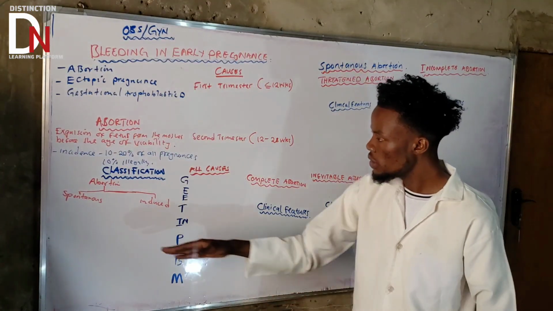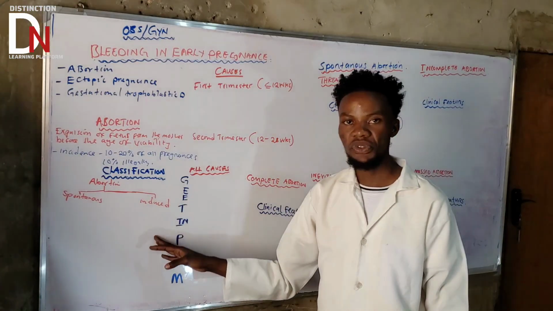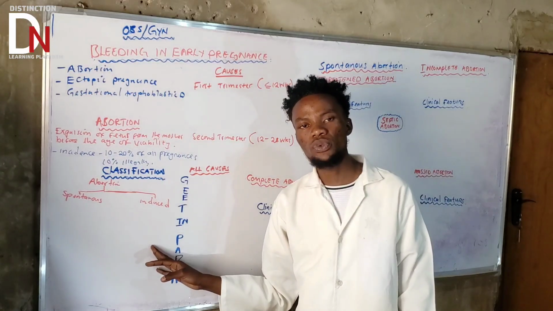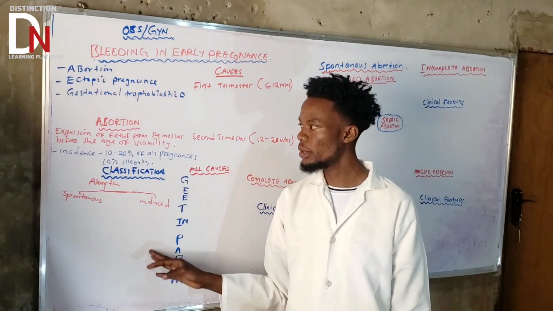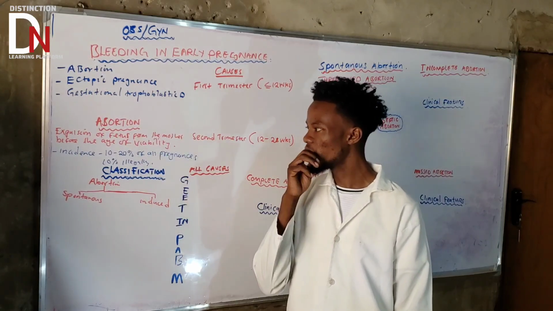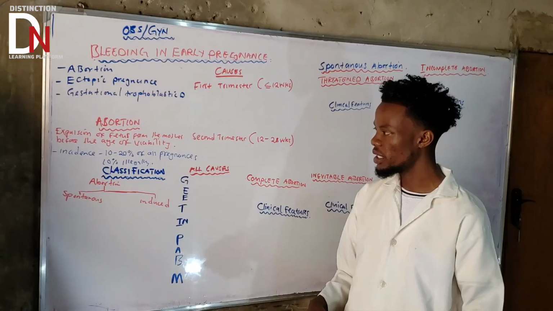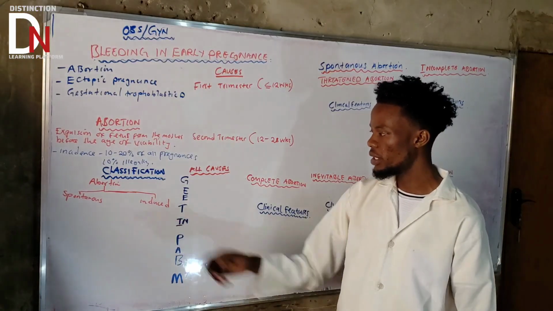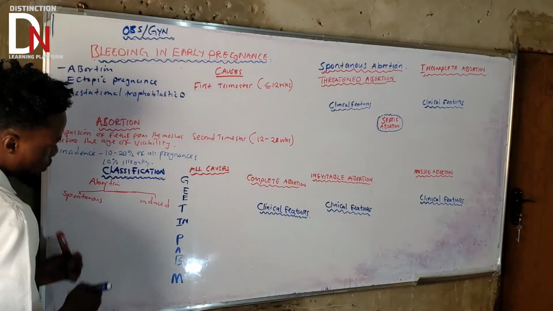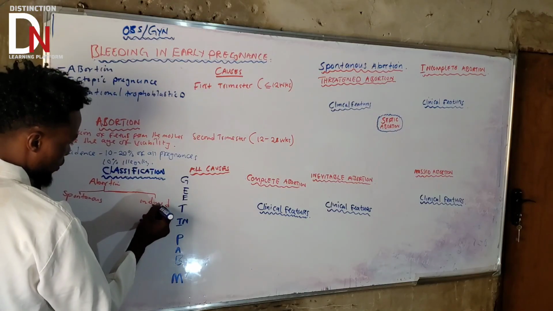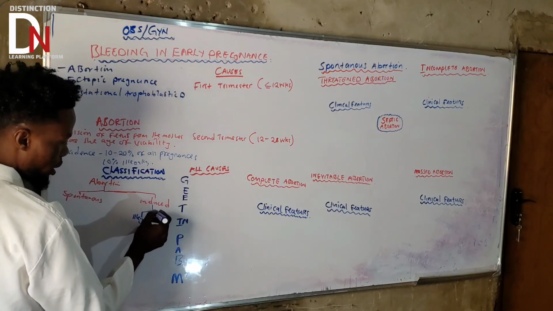So first, let's talk about the induced one. The induced one can be of two types as well. It can be illegal, remember we talked about the illegal one, which accounts for about 10%. So induced can be categorized into illegal or legal.